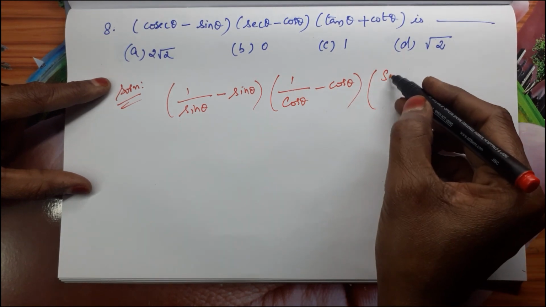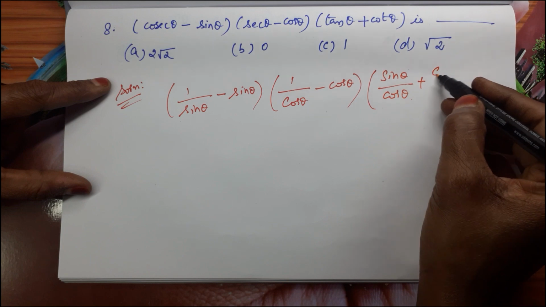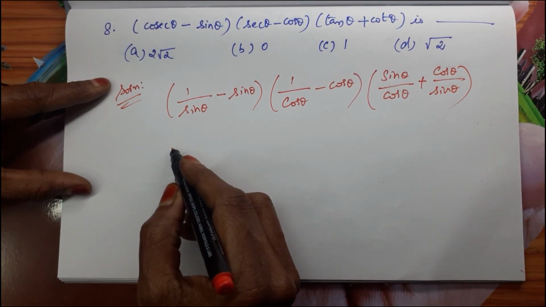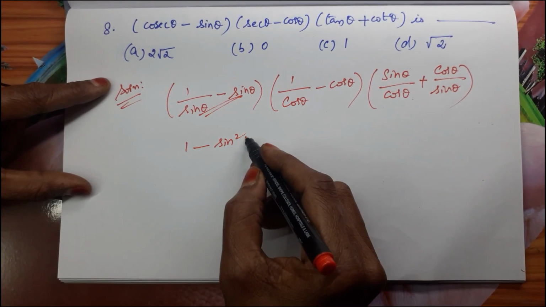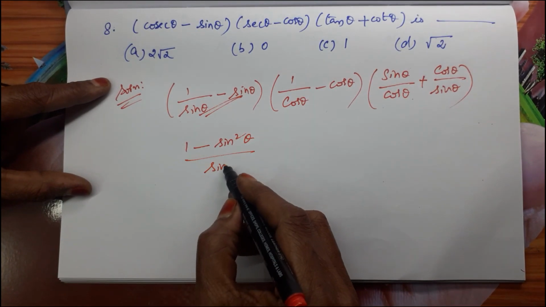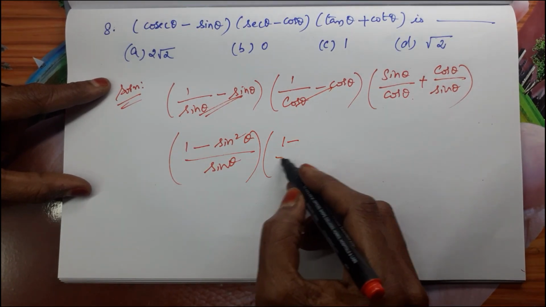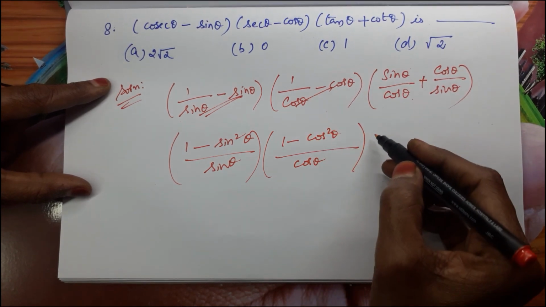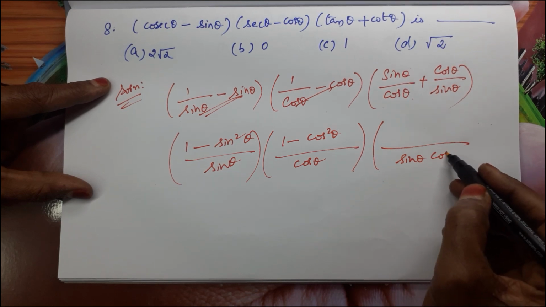And tan can be written as sine by cos, cot is cos by sine. Taking the LCM, 1 minus sine squared, and here the LCM is cos, so 1 minus cos squared theta, and here the LCM is sine theta cos theta.